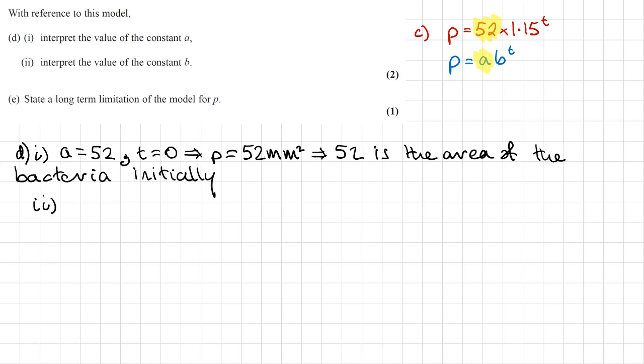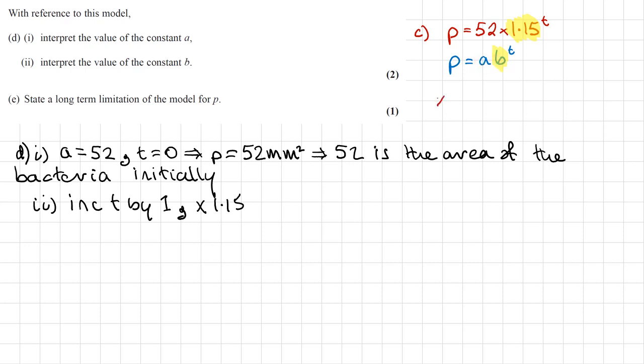Second part of part D, interpret the value of the constant B. So B is the 1.15. Now, when is the 1.15 going to come into play? Well, every time I increase t by 1, I'm going to be multiplying by 1.15. The 52 is going to get multiplied by 1.15 as each hour increases.